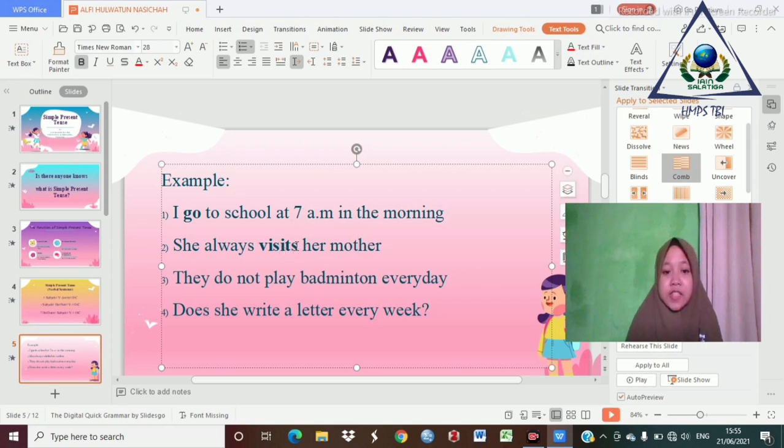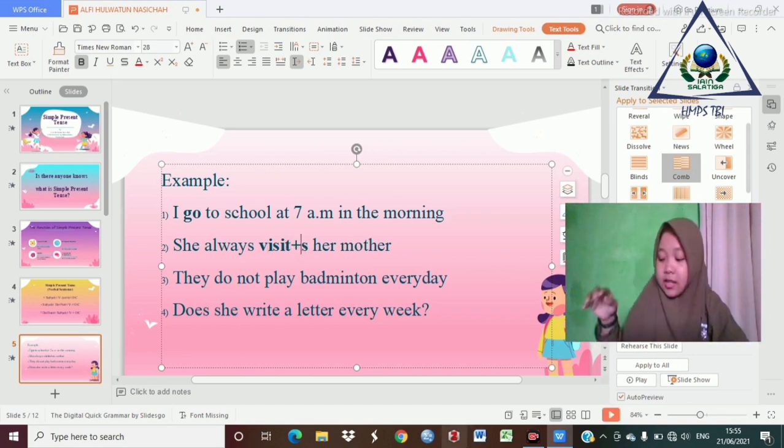Okay, this verb actually comes from visit plus s. It comes because before the last of the sentence there is a vowel like this. So, if before the last there is a vowel, you can add s or es. Like this, she always visits her mother.